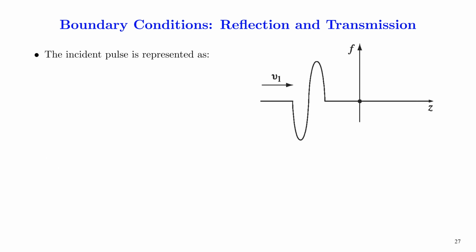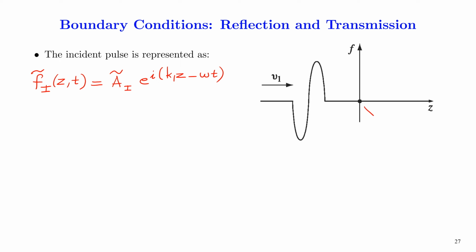Now, let us consider the incident pulse having the mathematical form complex f, which is a function of z and t. This is equal to the complex incident amplitude times e raised to i(k1 z minus omega t).